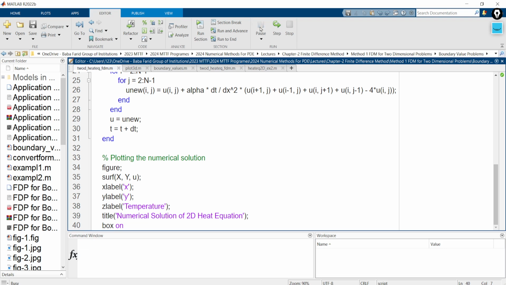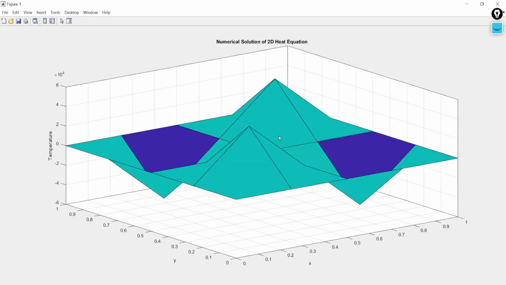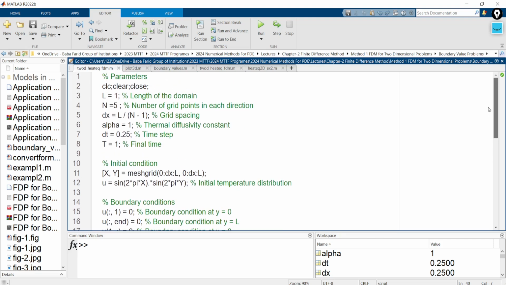Just press at this place, and you can see that we have this graph corresponding to the grid points which we chose here. But the smaller the step size, the more accurate the values. What we have to do is increase the number of grid points.